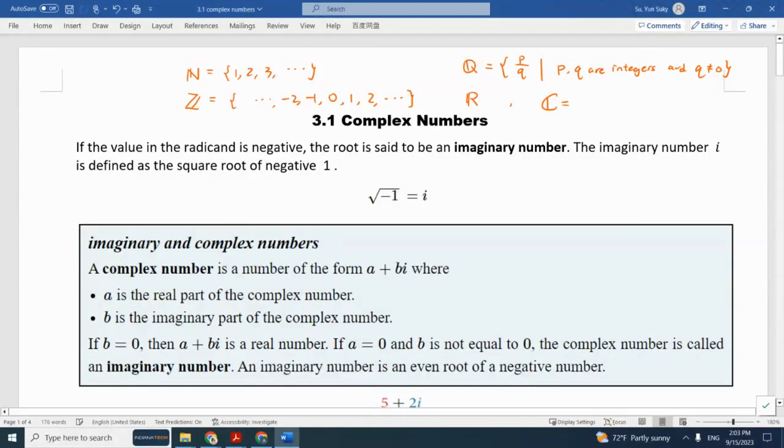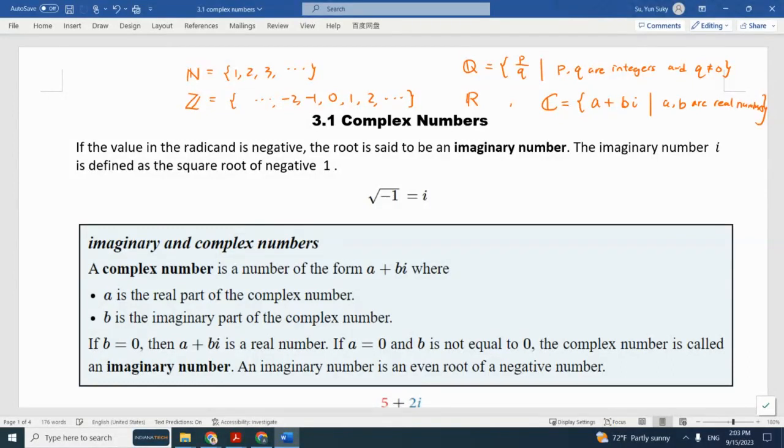So complex numbers are in the form of a plus bi, such that a and b are real numbers. Okay, and i is the square root of -1.